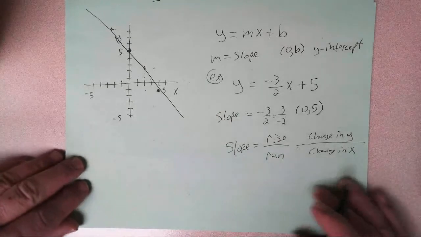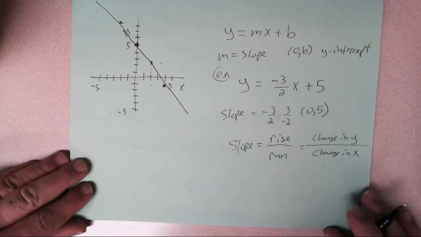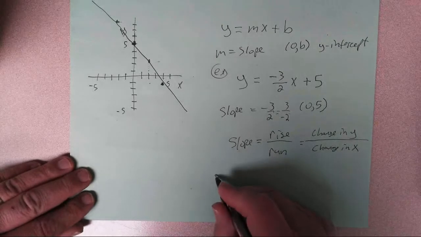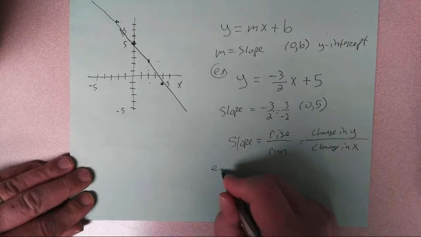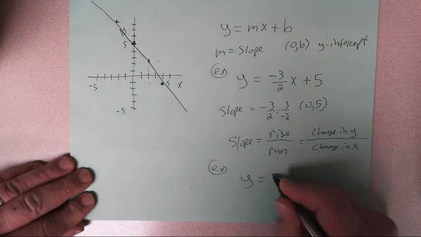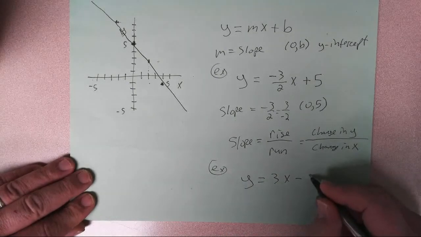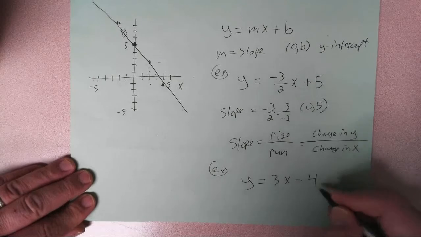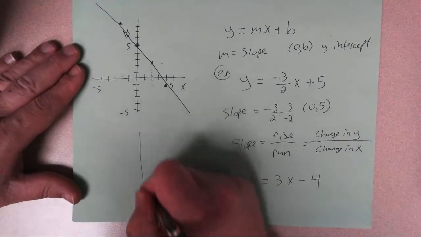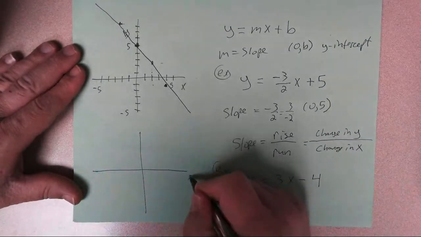Okay. And then let's just do one more. Let's do something like this. Let's do y is equal to 3x minus, we'll say 4, something like that. So let me draw my axis.